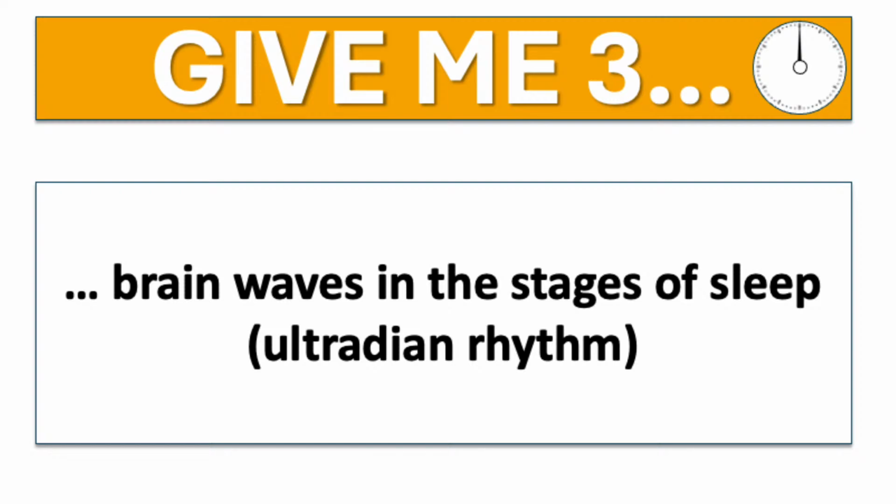Okay, give me 3 brain waves in the stages of sleep. This is ultradian rhythms, less than 24 hours, the sleep cycle. What are the different brain waves involved in the stages of sleep? How many of those can you get?